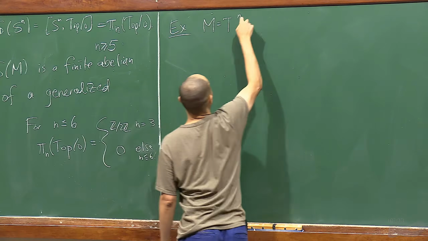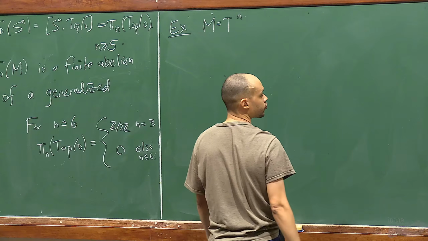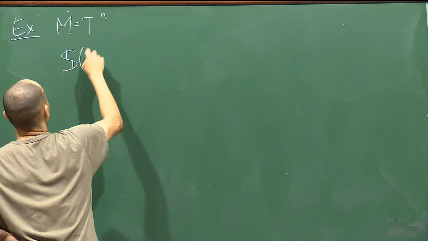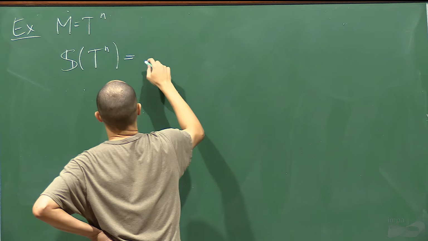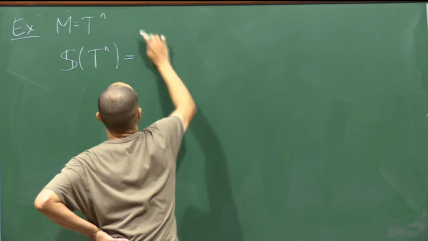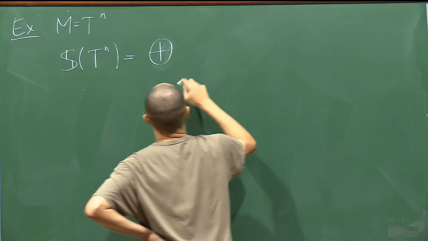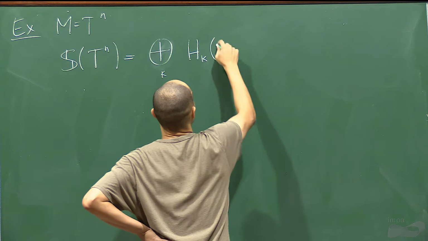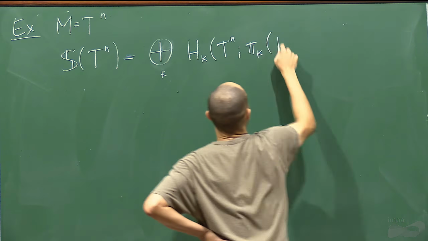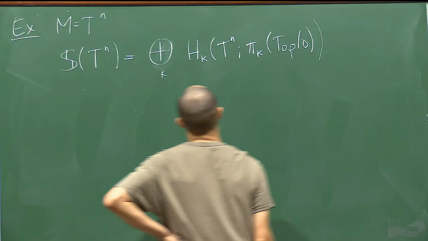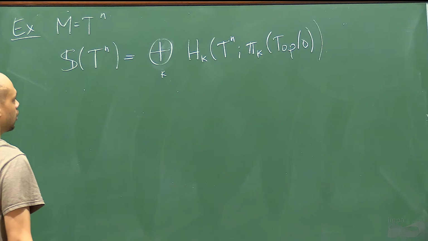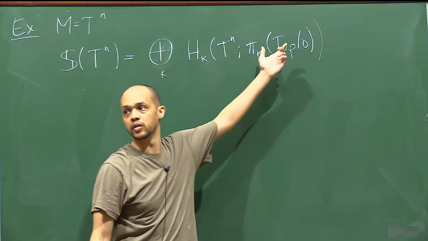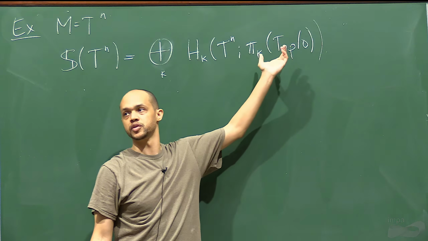When M is T^n, using this theorem, you can compute, and what you'll find is that these smoothings up to concordance are isomorphic to this group: the homology of the torus with coefficients in these finite abelian groups.